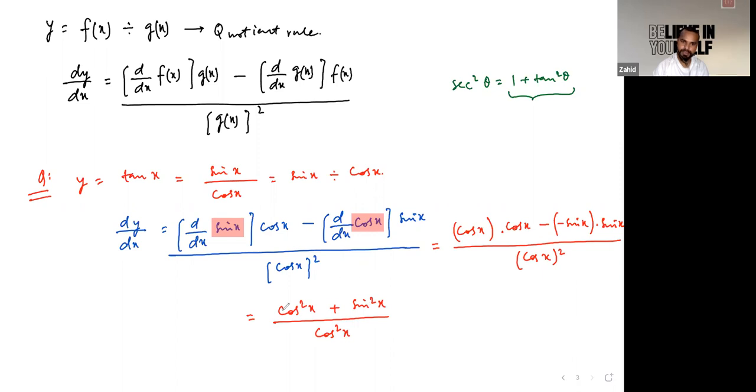Now this numerator is nothing but sin squared x plus cos squared x. I think you must have learned in class 10 that its value is just 1. Okay?